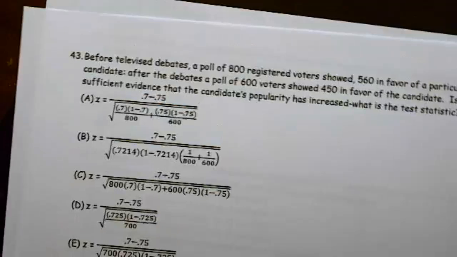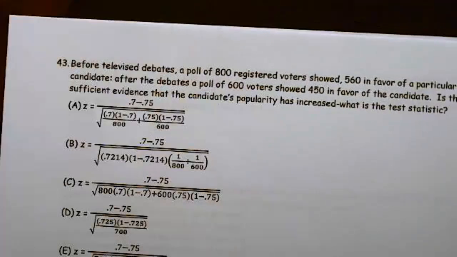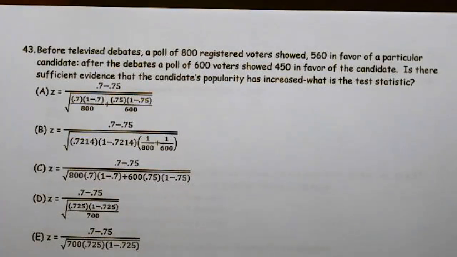All right, number 43. Before televised debates, a poll of 800 registered voters showed 560 in favor of a particular candidate. After the debates, a poll of 600 showed 450 in favor of the candidate. Is there sufficient evidence that the popularity has increased?